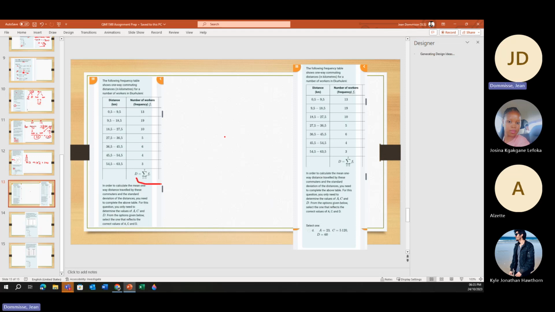Okay, so D is the easiest one. So that will be a sum of those ones. It's 13 plus 19.